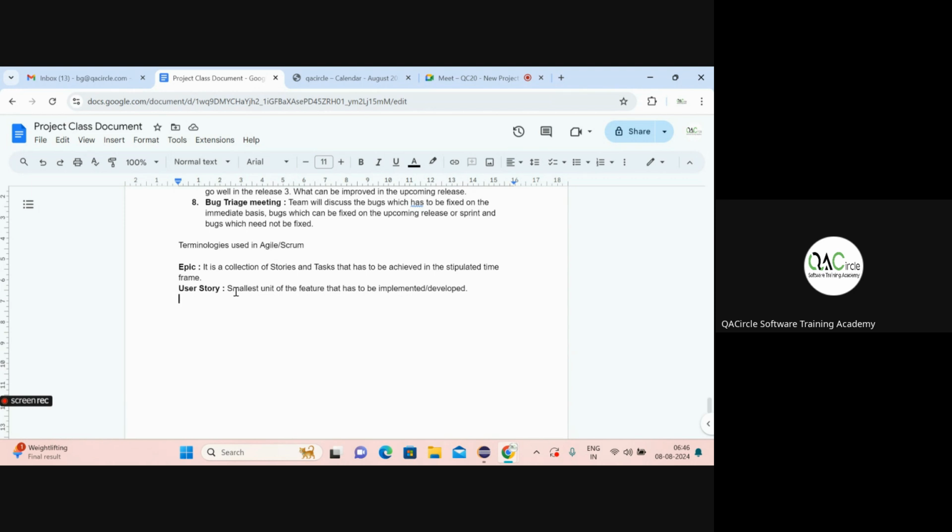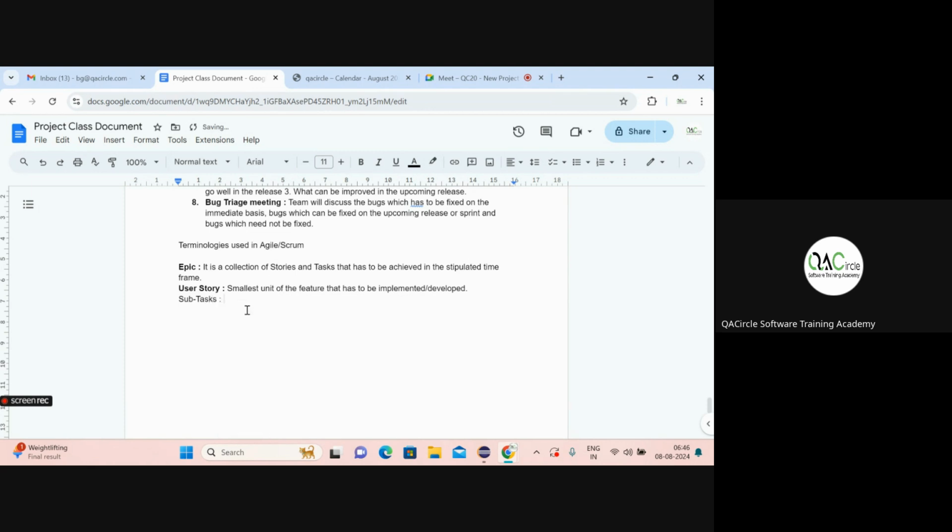And tasks. I'll explain what these tasks are. See, a task is something which is equivalent to a story, but under a story we can create a subtask.